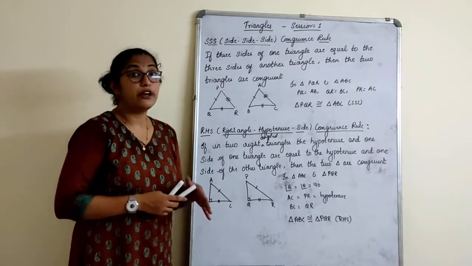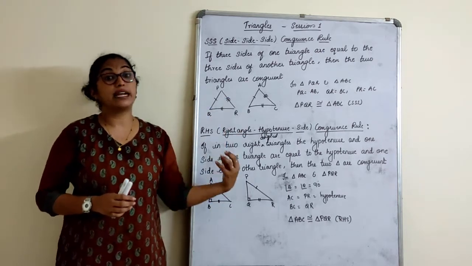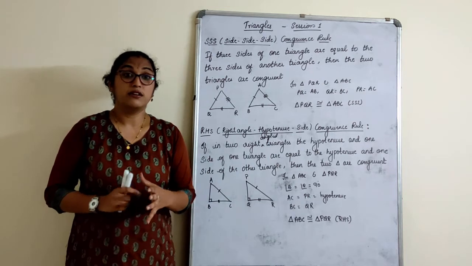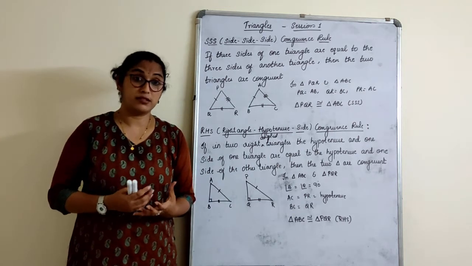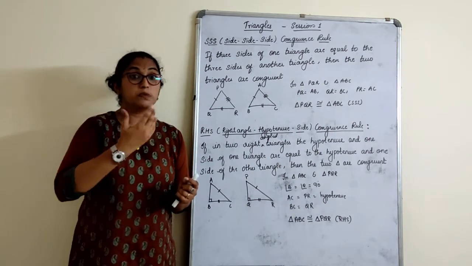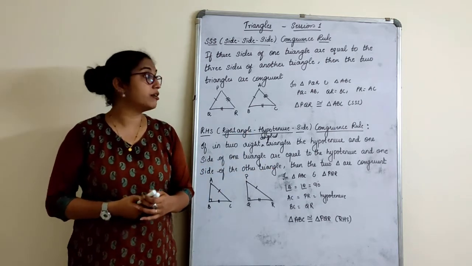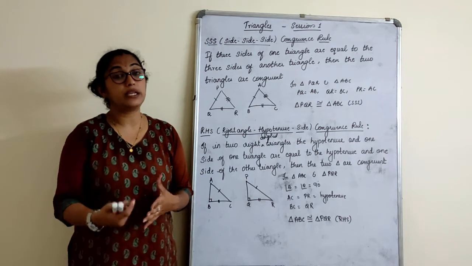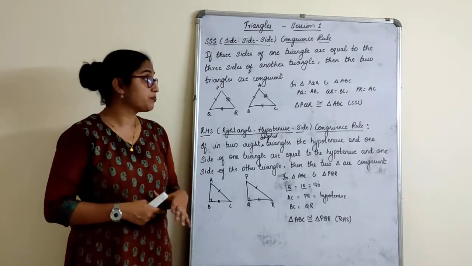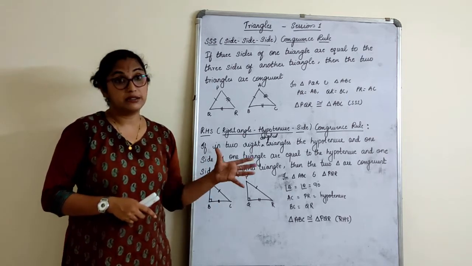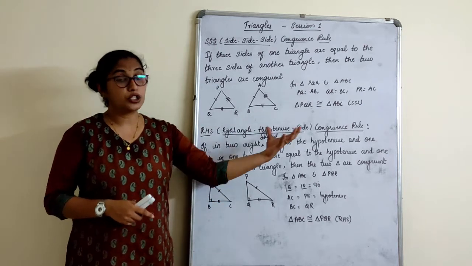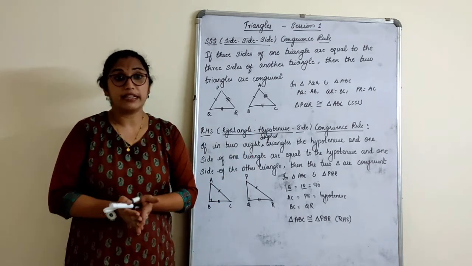That means now we are going to use these criteria to solve the sums. Rather, we can call them riders, because these are the sums based on theorems or criteria. We have a theorem on the SAS postulate, which we will be doing in our next class. So this is about the criteria for congruency of triangles, which is very, very important.